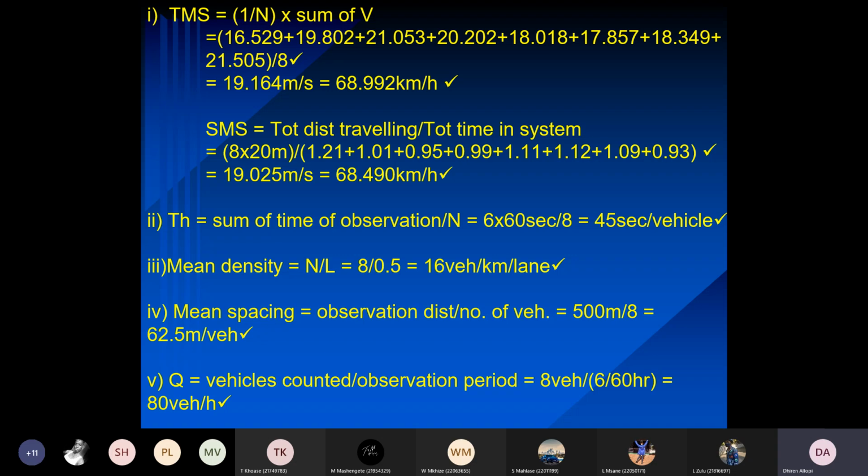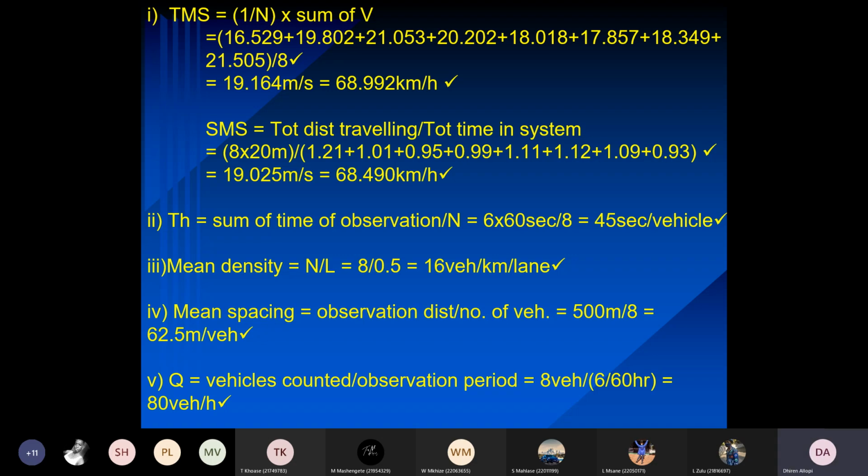And then finally, you are required to calculate the flow, and your flow is given by the vehicles counted divided by your observation period. Again, you had 8 vehicles divided by your observation period. Now you need to check your flow, you need your answer in vehicles per hour. Your observation period was 6 minutes.